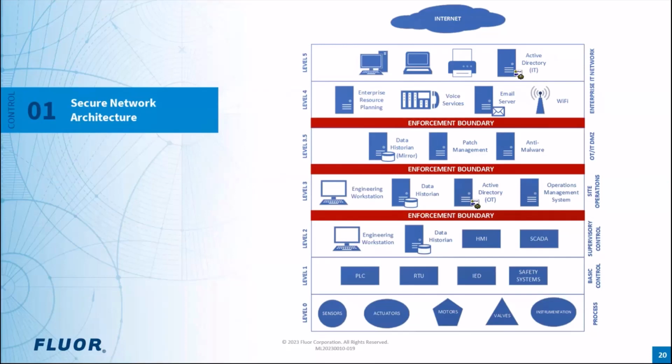And that plant DMZ sits between two firewalls. So we can still effectively allow the data to pass successfully from OT to IT, but help significantly reduce the risk of an attacker taking advantage of the same path and using that to come into and compromise the OT network.